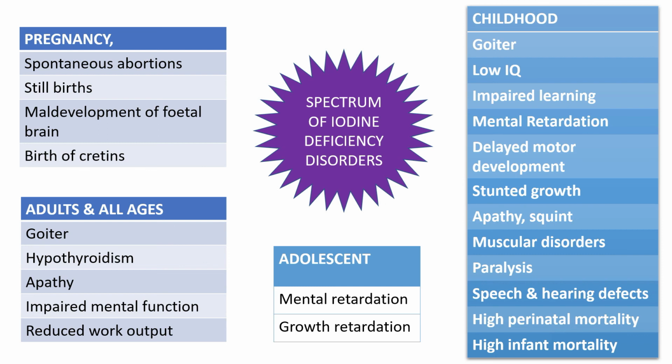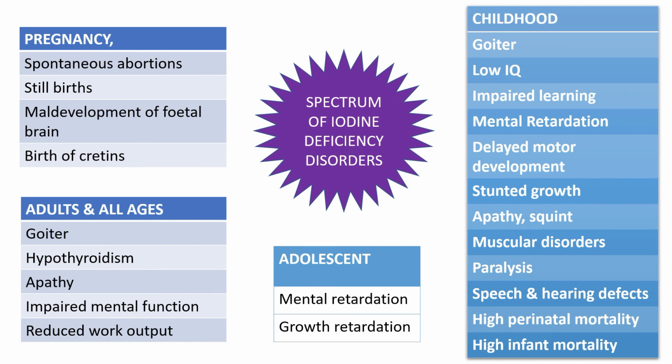In childhood, we can see development of goiter, especially among children over 6 to 12 years of age, low IQ, impaired learning, mental retardation, development of motor functioning is delayed, there is stunting of growth, there is apathy in the children, there is squint, the muscle disorders start developing, child may have paralysis, may have speech and hearing defects, there could be high perinatal mortality as well as high infant mortality.